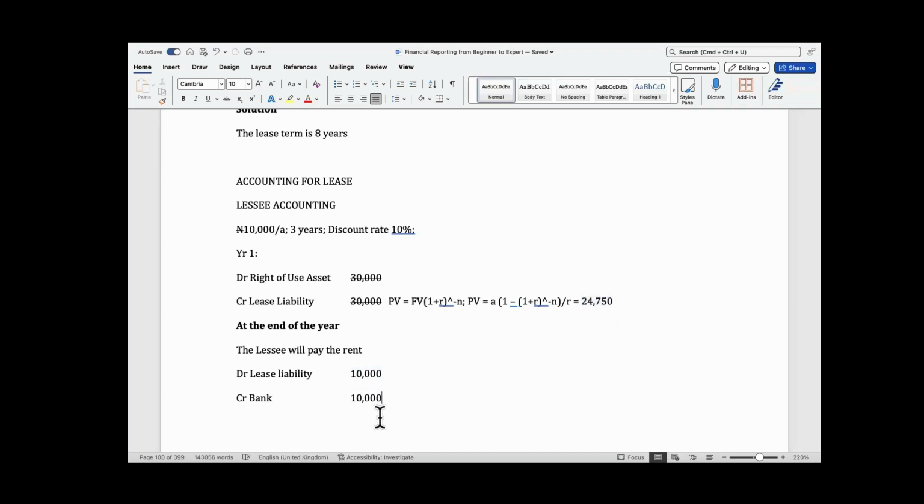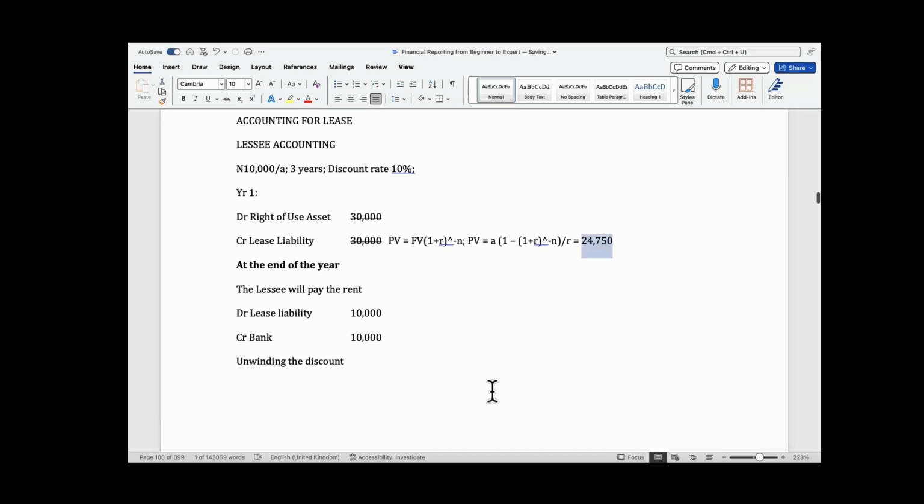So how do we correct that? So we need to start unwinding the discounts. Anytime you do present value, anytime you present value future payments, as you move through time, you need to unwind that discount.